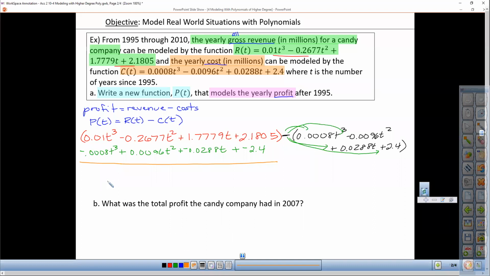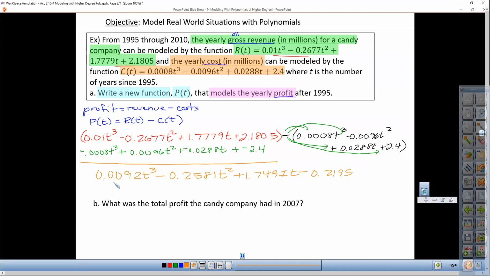Okay, so I've got now 0.0092 t cubed minus 0.2581 t squared plus 1.7491 t minus 0.2195.